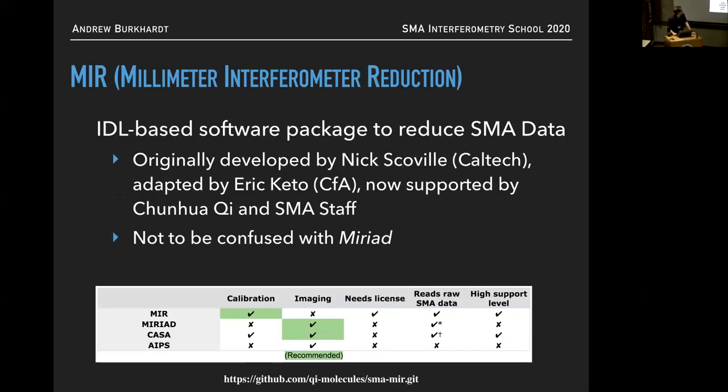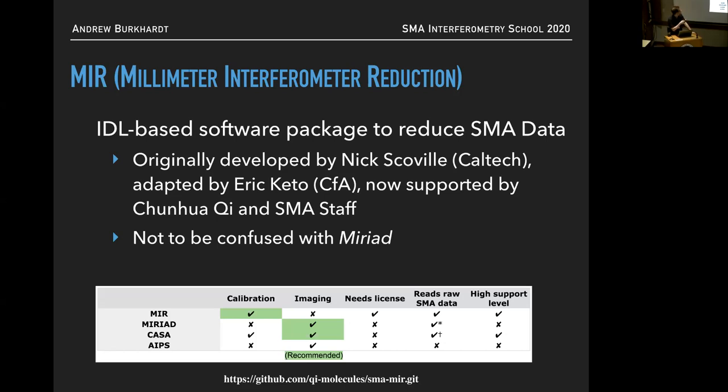So MIRIAD is the primary way that it is recommended that you calibrate your SMA data. It is an IDL-based software, so if you are comfortable with IDL, then a lot of this should come easy. If not, IDL is a fairly straightforward language, so I won't go too much into the details of anything IDL specific.